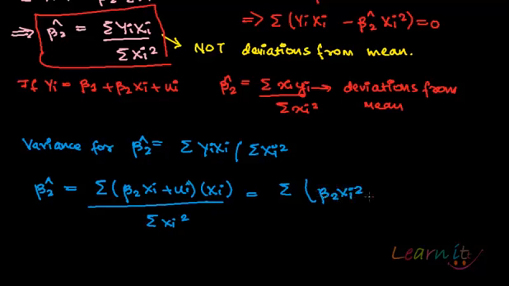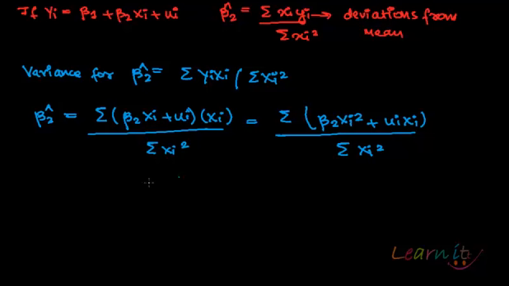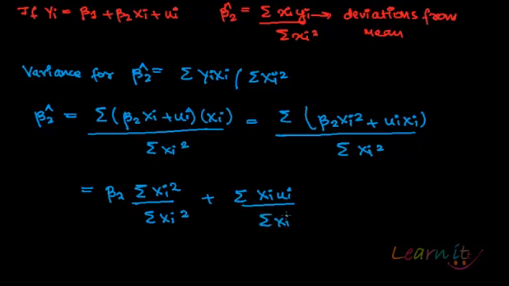So you can write this as summation of (beta 2 xi square plus ui xi) upon summation of xi square. You can also write this as beta 2 summation of xi square upon summation of xi square plus summation of xi ui upon summation of xi square.